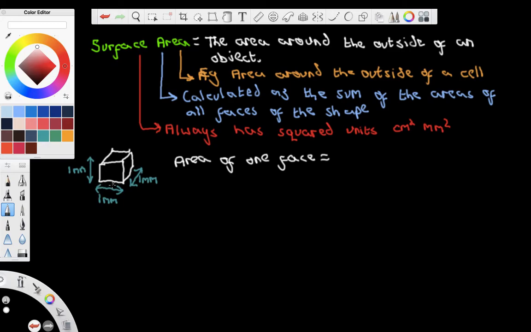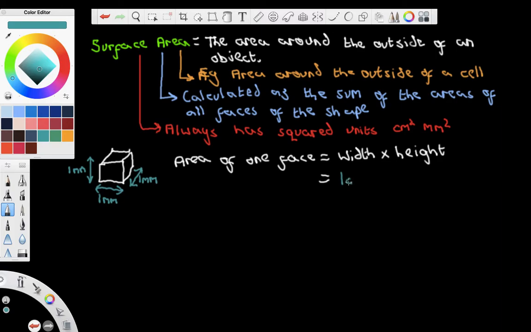Or the bottom bit times the upward bit. When I'm saying width and height, my width is this bit along the bottom and my height is this bit going up the side. So the area of one face for this cube would be 1 times 1.